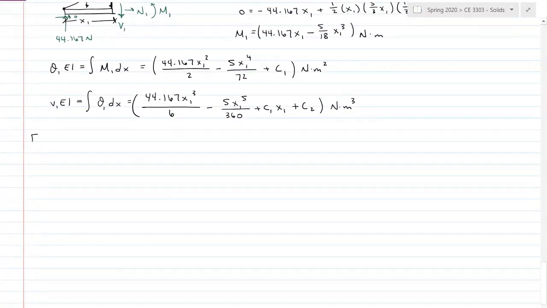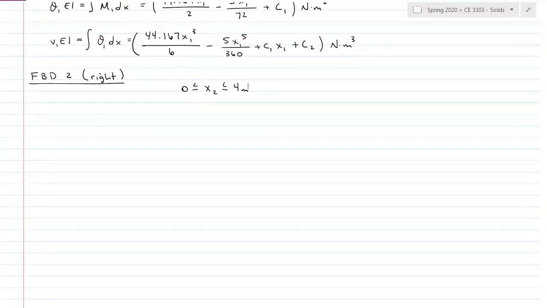And then I'm going to take a free body diagram of section 2, and this one I'm taking to the right. So we're going to have 0 less than or equal to x2 less than or equal to 4 meters. And this free body diagram is going to be the little beam bit here with the 150 Newton load acting at a distance of x2.